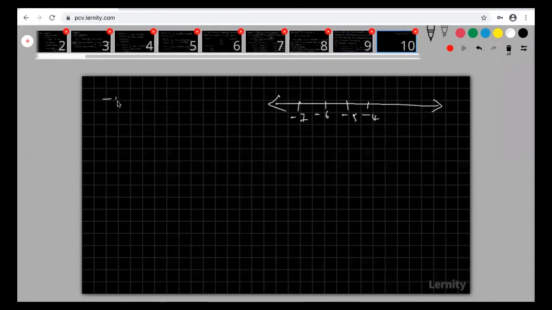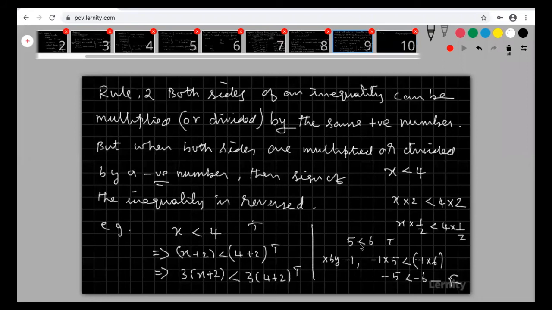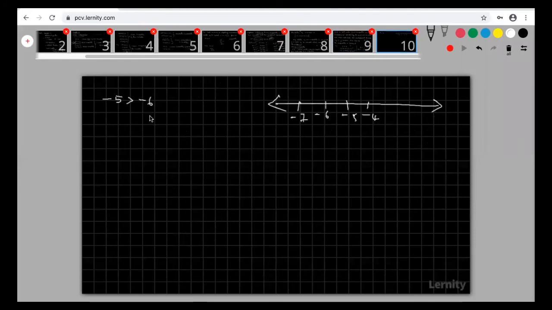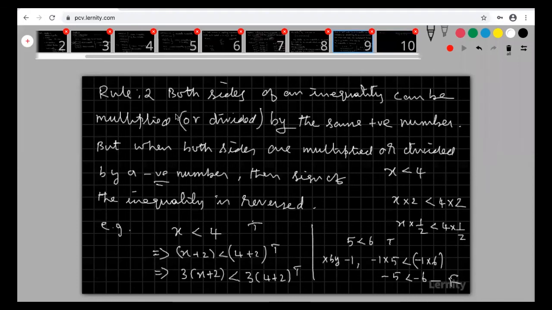Then when will it be true? I reverse the inequality. If less than is given, after multiplying by a negative number you reverse the inequality, then this is true: -5 is greater than -6. That means the second rule is very important.